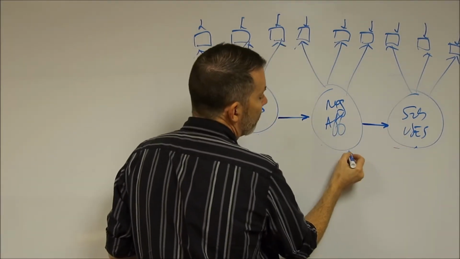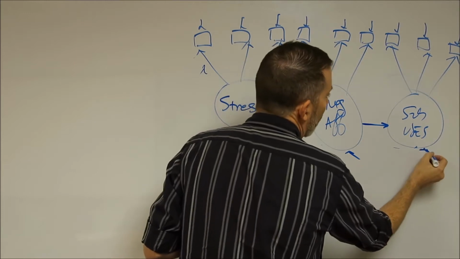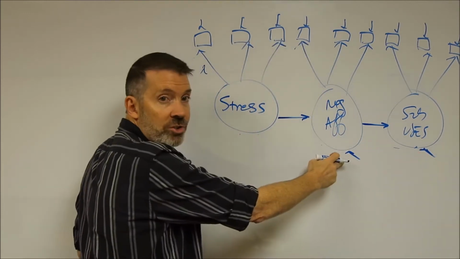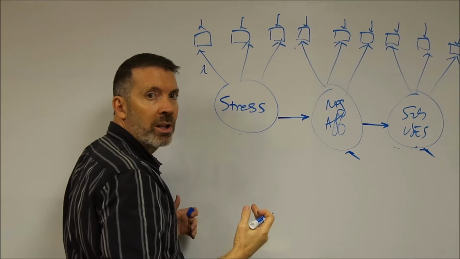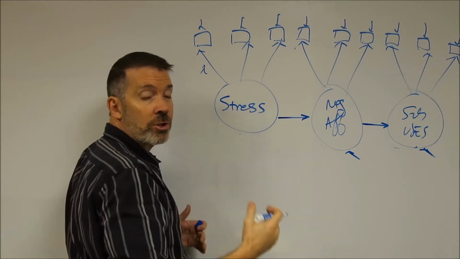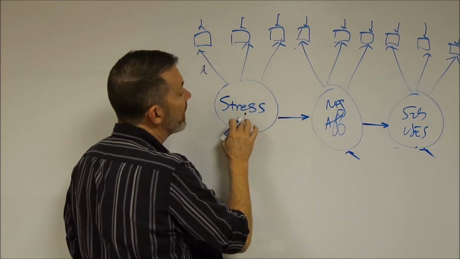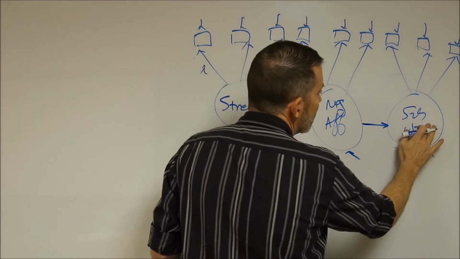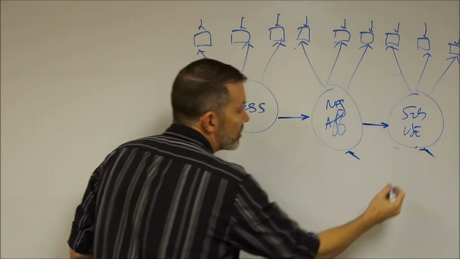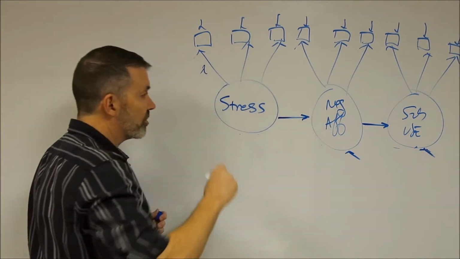So now we have a residual variance on negative affect, right? The residual, it's a dependent variable. In SEM, this is sometimes called a disturbance, and it's that part of the latent factor that is unexplained by stress.